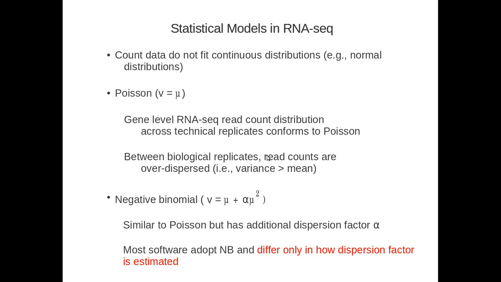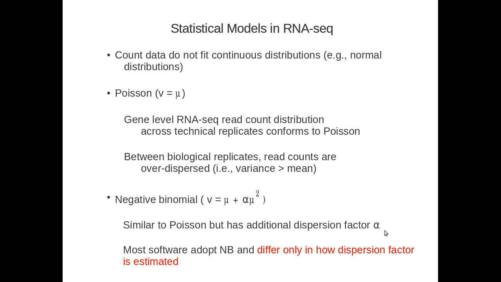And so that has led to a general abandoning of the Poisson distribution in terms of modeling RNA-seq data, and instead researchers now are widely adopting the negative binomial. The negative binomial has variance equal to the mean, but scaled by the mean squared and what's called the dispersion factor alpha.